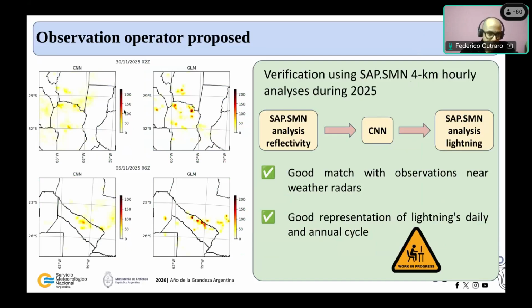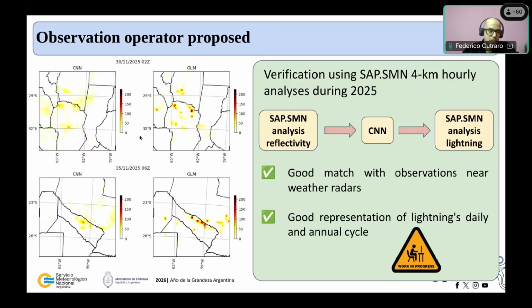In this picture, I show you two cases, where this is the mean of the ensemble analysis lightning for two cases, and this is the observation. Both regions are well covered by radar observations, so the locations of the lightnings are well located with respect to the observation.